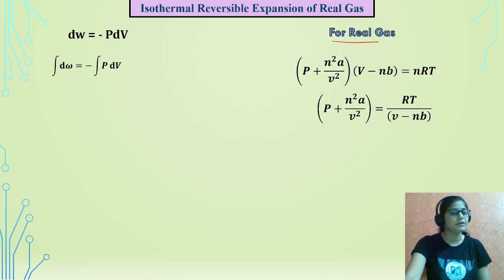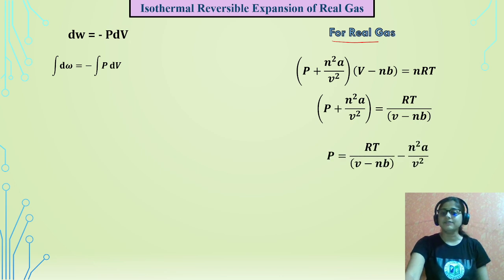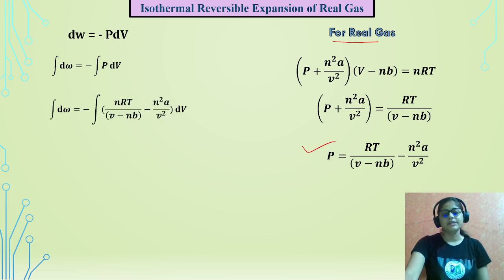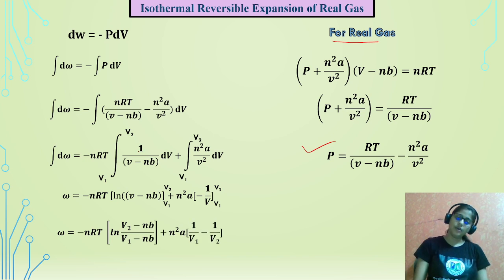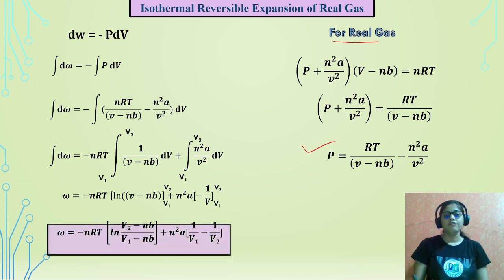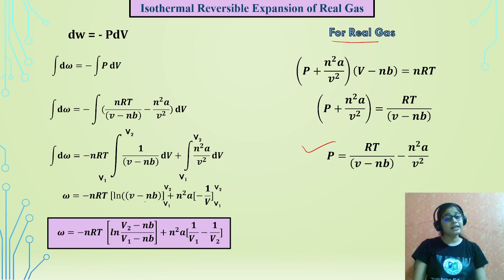This is the equation for a real gas. If we rearrange it, we can get P as this one. If we put the value of P here, this equation will be this, and if we integrate it, it will be like this, after putting in the upper limit and lower limit. So this will be the equation for the case of a real gas.